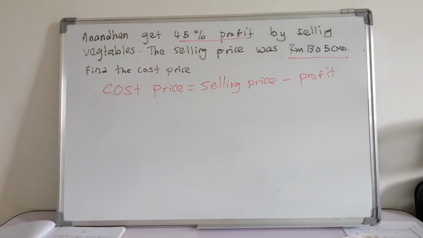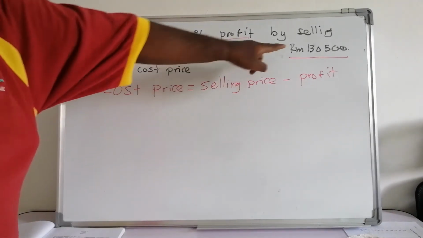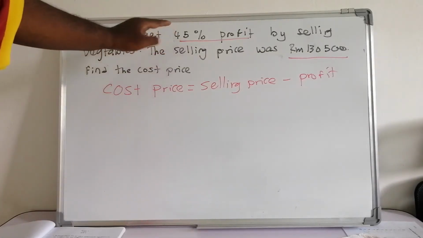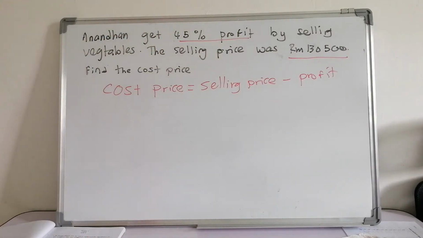Now from this formula, how do we calculate? The selling price is already given here, but the profit is given in percentage. We have to change the percentage to a whole number. How to do that?